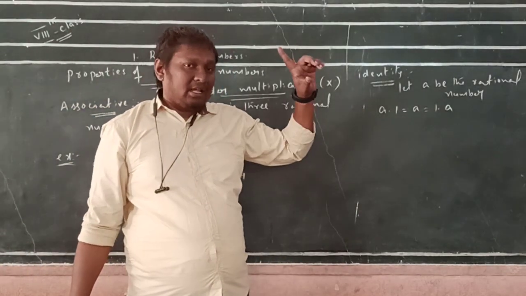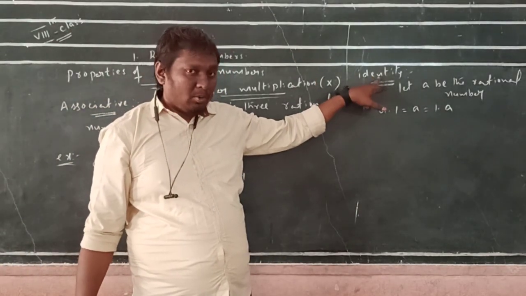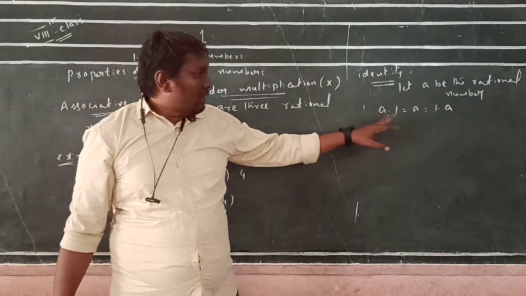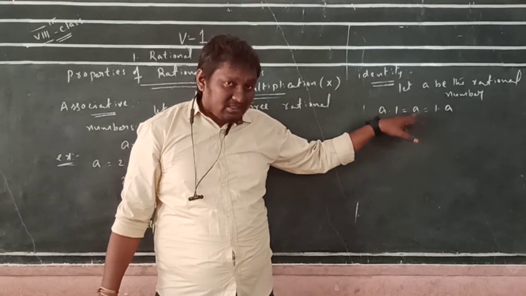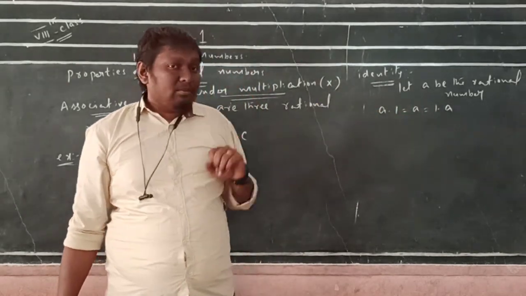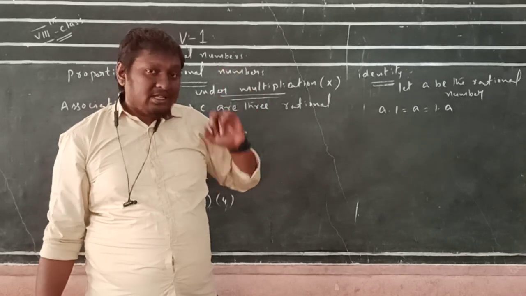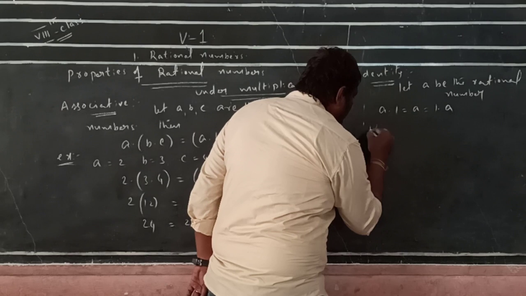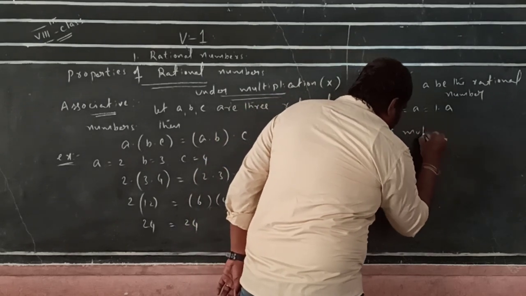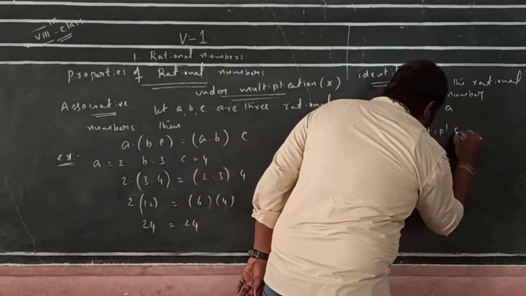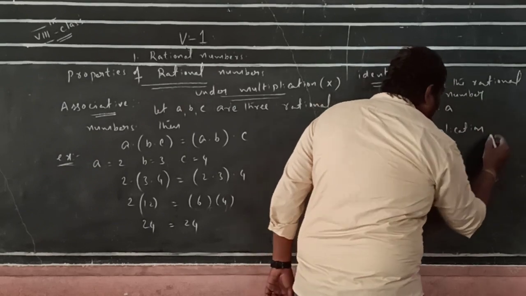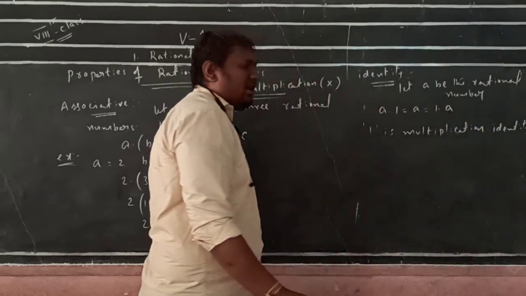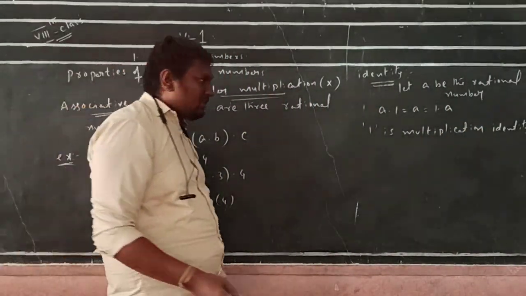Here at the time of addition, in the identity property, the same answer we get at 0. Here in multiplication we get the same answer A when multiplied by 1. At the time, A value 0 is the additive identity, here 1 is the multiplicative identity.